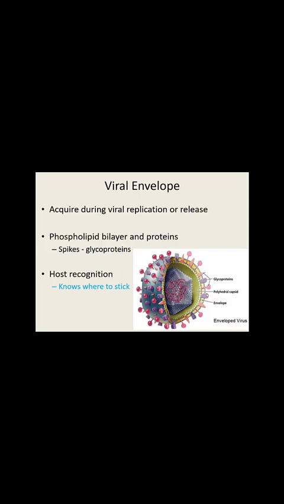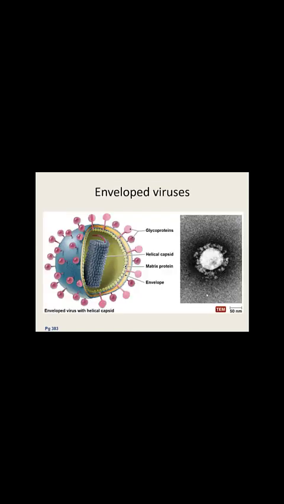Now, this is showing an example of an enveloped virus. It's got little glycoproteins all over the outside. Now, why this particular virus might look a little familiar these days is this is just showing an example of a coronavirus, the one that's making the news. Now, we'll get to coronaviruses, and yes, it's all over the news. You can't avoid coronaviruses.